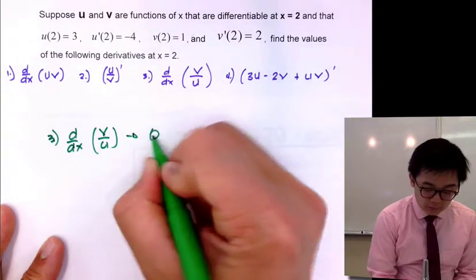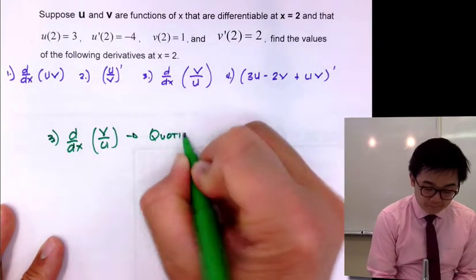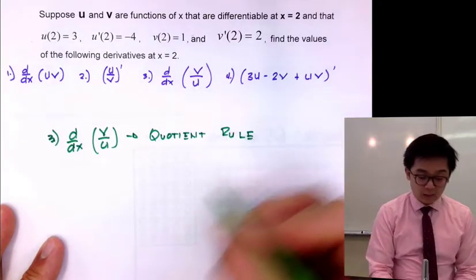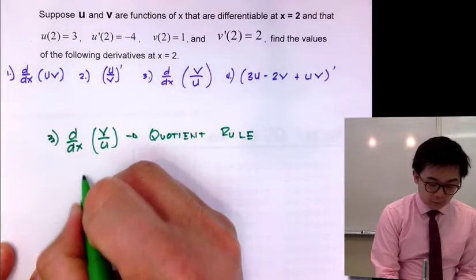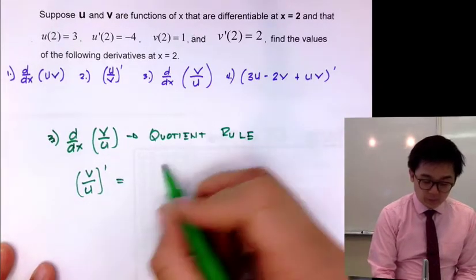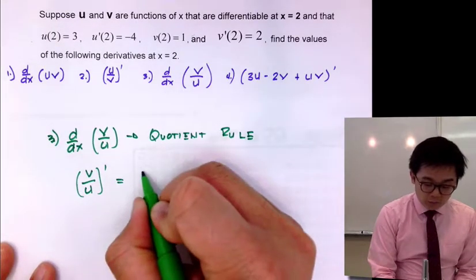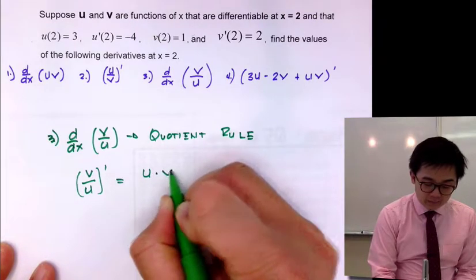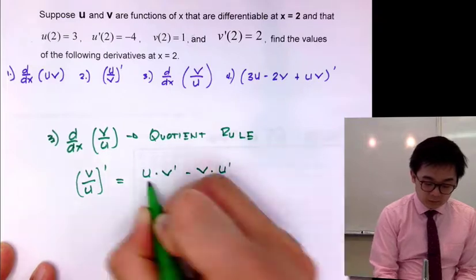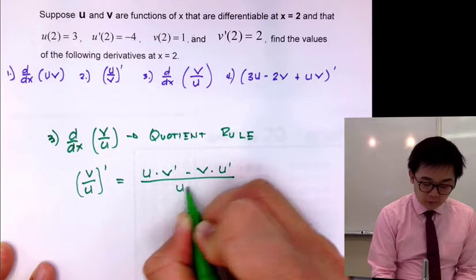And we're going to be using the quotient rule again. So the quotient rule, we already know that from our previous example. So the derivative of v over u would be low d high minus high d low all over low squared.